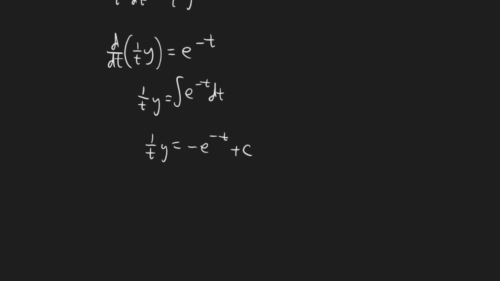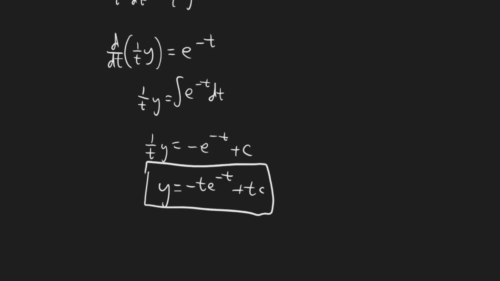If there's integration by parts, for example, I will do it, but I won't go over it as if I'm teaching it. So we solve for y, and we multiply everything by t. This leaves us with y equals negative t e to the negative t plus t c. So that's going to be our final answer for y.